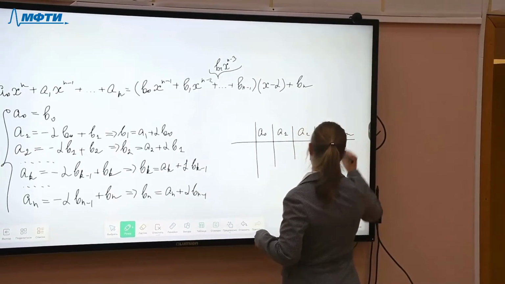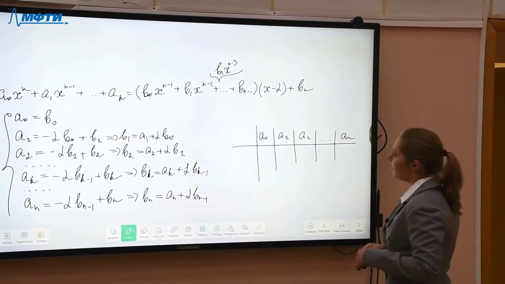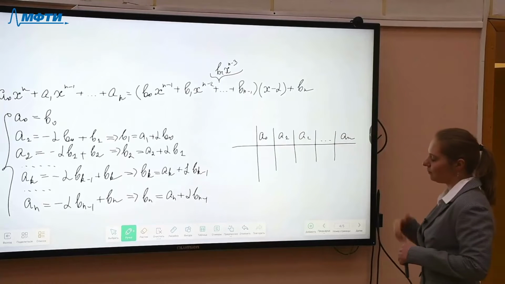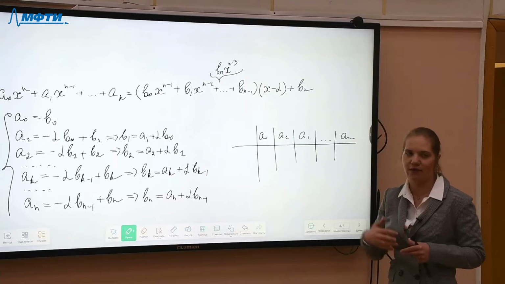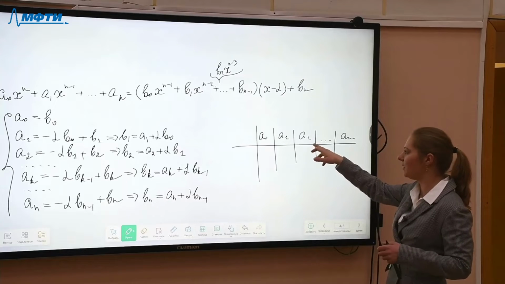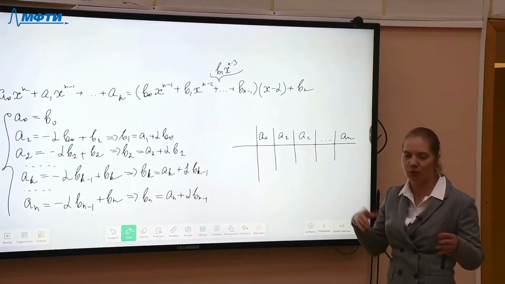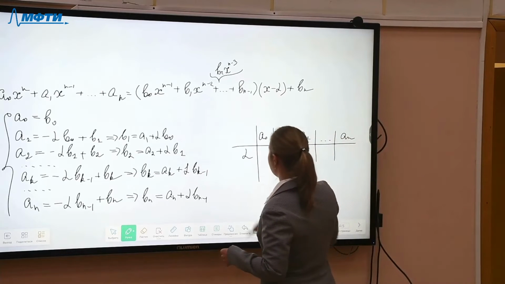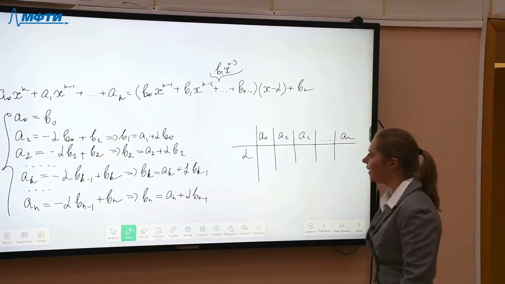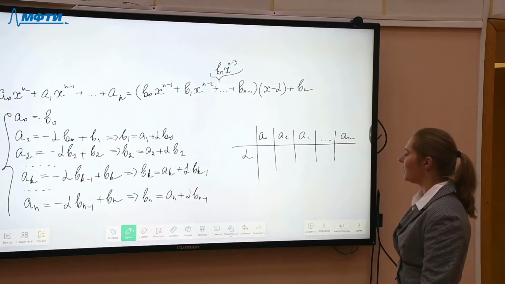Finally, we have an. If we don't have x to the power of something, we think that the coefficient is 0. So here we cannot skip this coefficient. We need to write that this is 0. So here is alpha.